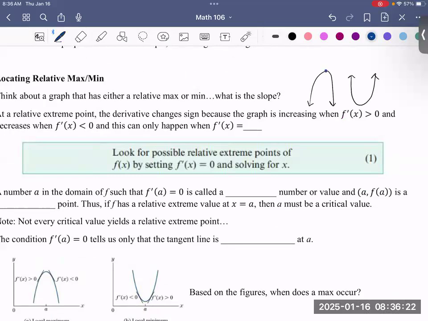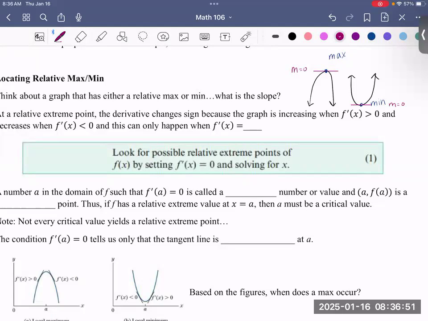Your maximum is at your peak, and your minimum is at your valley. At that point, could you figure out the slope of your tangent line? The tangent line only touches your graph once, and you now have a horizontal line. The slope of this horizontal line is equal to 0.